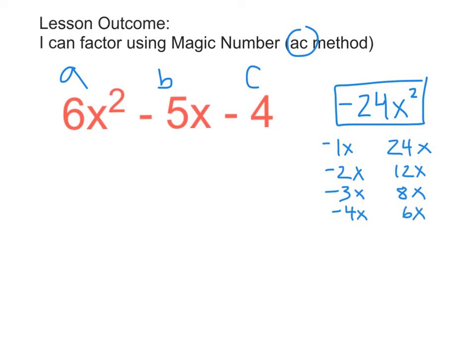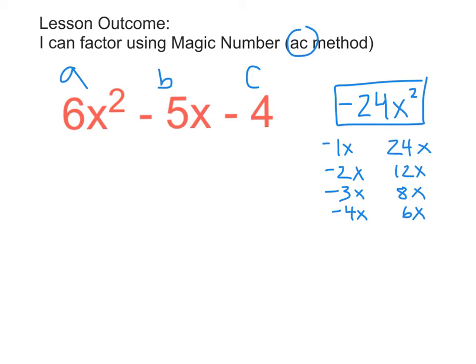Okay, so there's our list. Hopefully you have the correct list there, and now I'd like you to do the next step here. What is the next step if we were trying to factor using magic number? Okay, hopefully what you did was you tried to find which of these factors here, which factor pair, adds up to this middle term B, negative 5x.